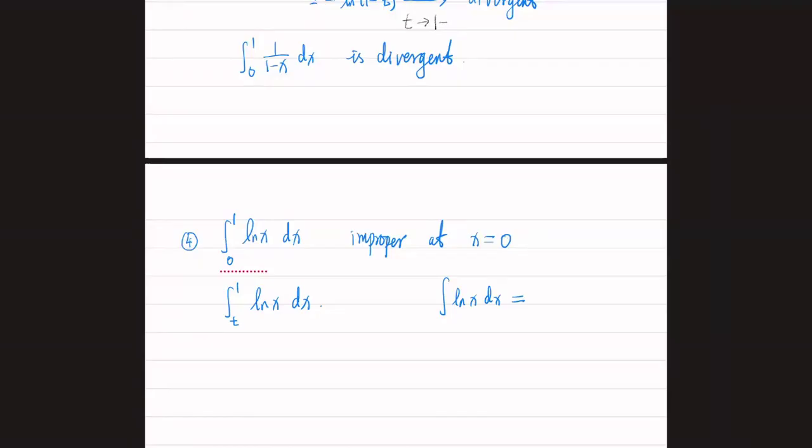Any idea? Now let's recall, how do we find this indefinite integral? What method would we use? We want to apply the fundamental theorem, but it's not applicable. We know the derivative, but we don't know the antiderivative.